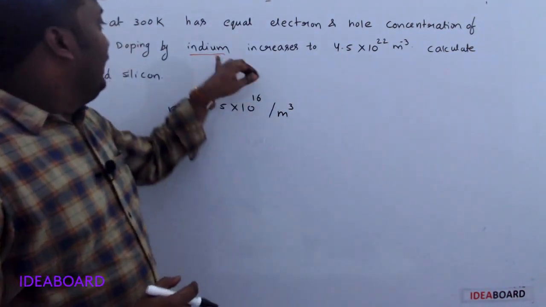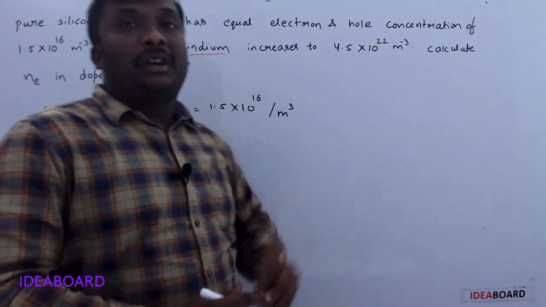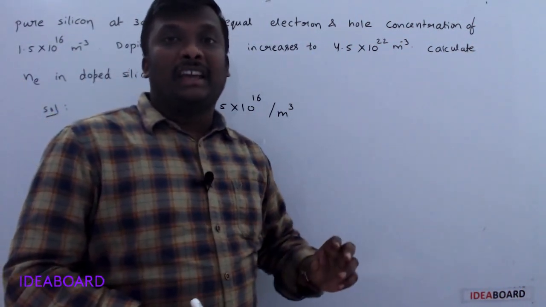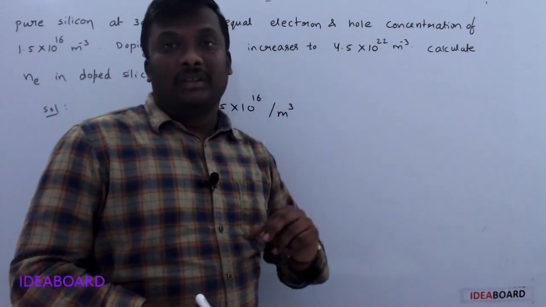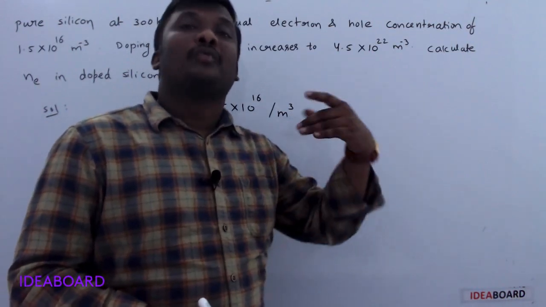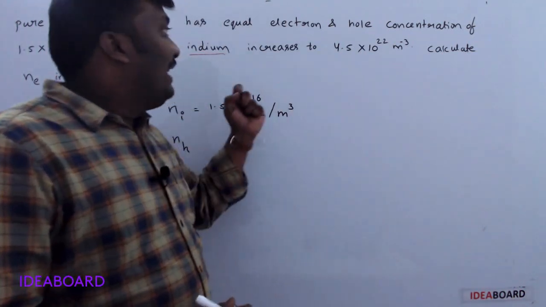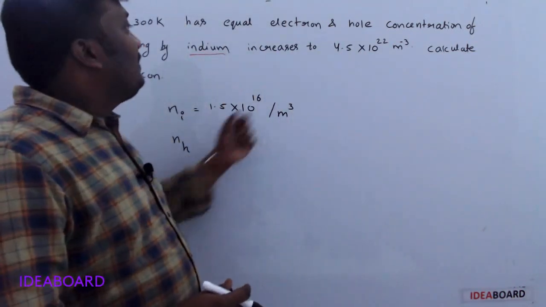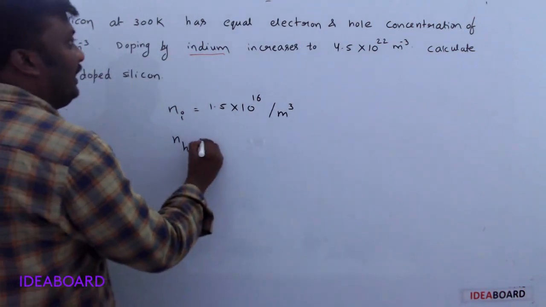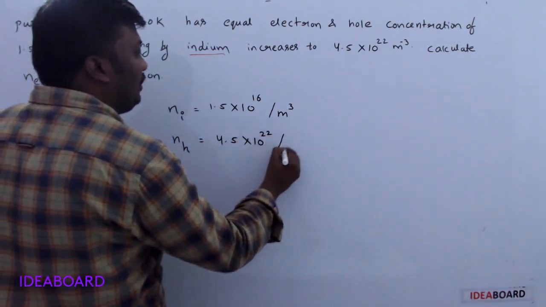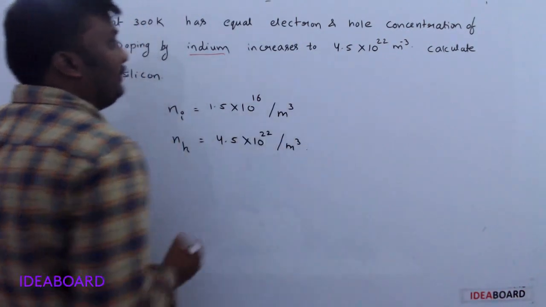Why? Indium is a trivalent impurity, so the majority charge carriers are holes, the number of holes is more, and we can neglect the value of Ne there. NH value is 4.5 × 10^22 per meter cube.